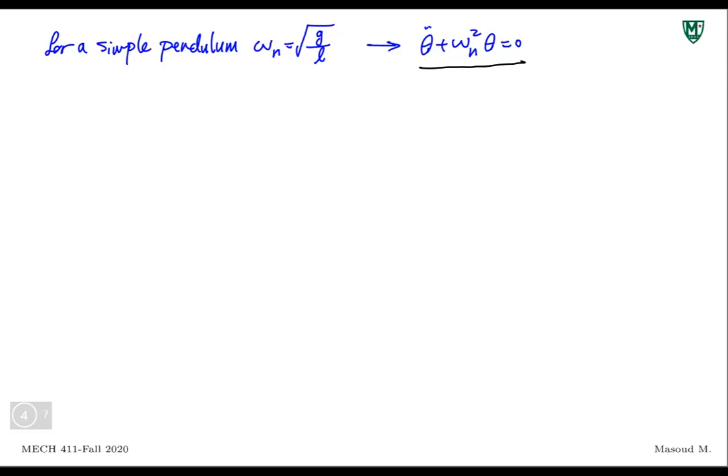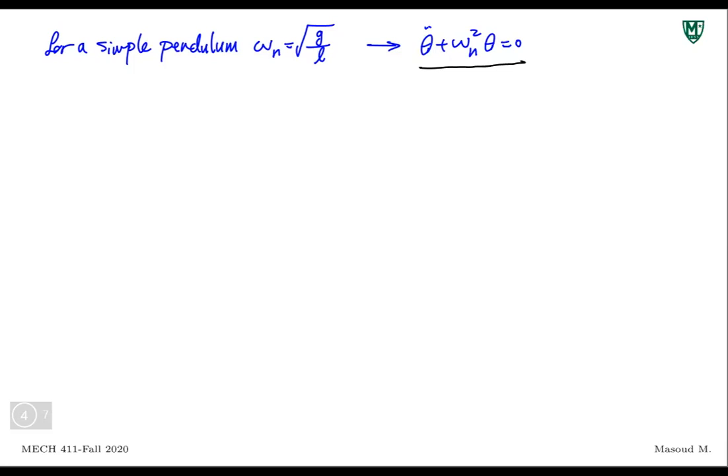So we actually don't solve the differential equation from scratch. We just propose a general form of a solution depending on the form of the differential equation. And then we apply boundary conditions or initial conditions to find those constants.